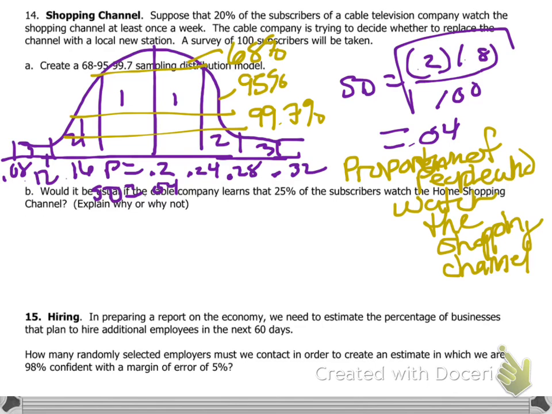Okay, so now let's go to B here. I gotta erase this because I can't see. Would it be unusual that the cable company learns that 25%? Okay, so let's go find 25%. Do you see 25? Oh, I'm still in the eraser mode, silly goose. 25% is right here. Is that within 2 standard deviations?